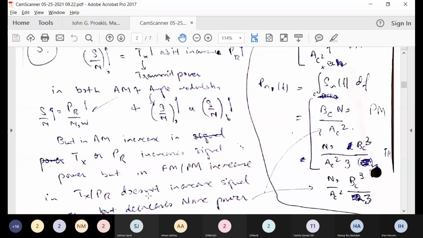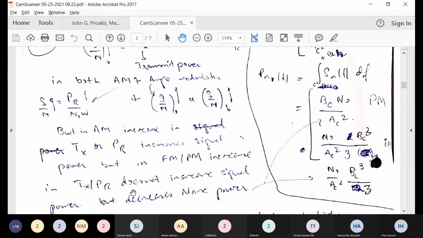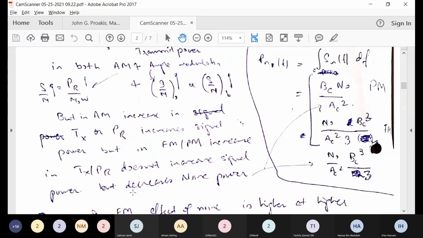But in FM and PM, increase in transmit power does not lead to increase in signal power, but it results in decrease in noise power. All right, because you can see noise power is inversely proportional to A_C square.